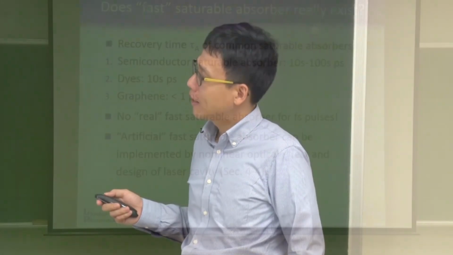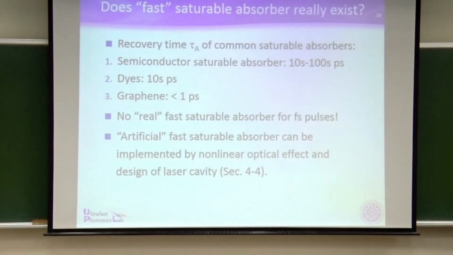So the answer is like this. Although in the real world, you can never find a material fast enough, at least to this state, you can produce an artificial fast saturable absorber by nonlinear optical effect and the design of laser cavity, which will be the central topic in the last section of this lesson.